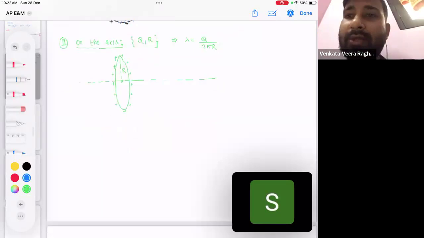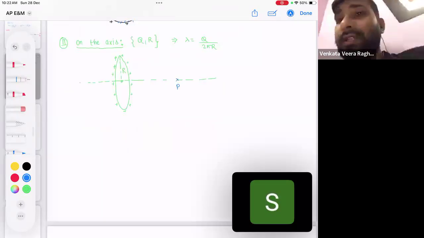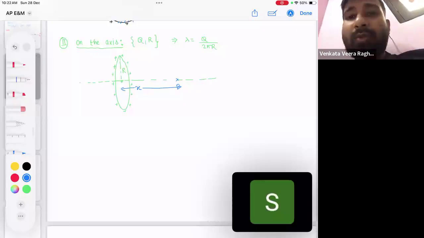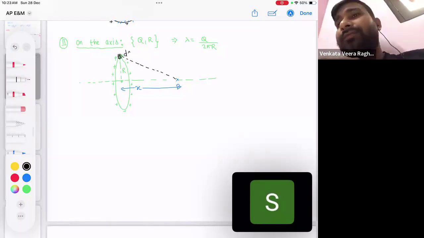Now let's say I want to calculate at this particular point. This point is something x distance from the center of the ring. So what I will do first? Let's say there is a small element having dq charge.